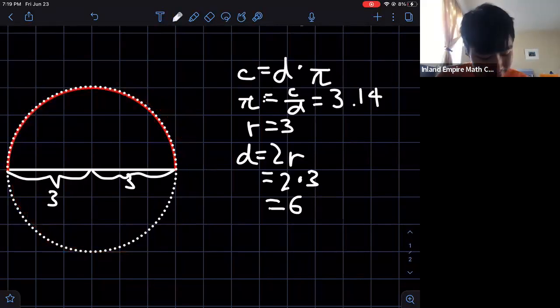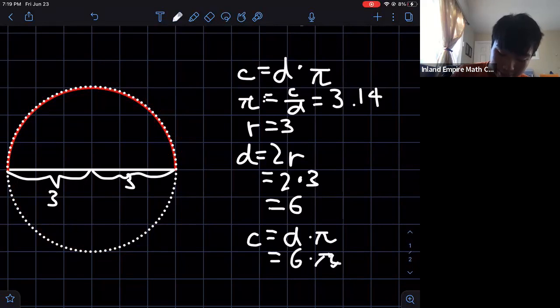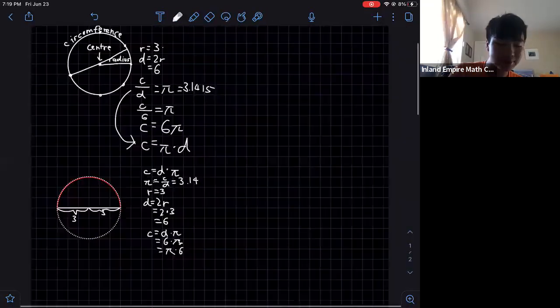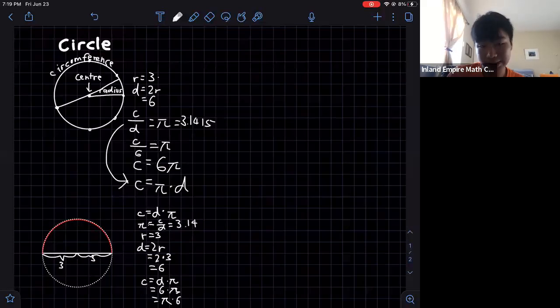If we take that number, we know that c is equal to d times pi, which is equal to 6 times pi, or 6 pi, which is the same circle that we found here. Where the radius is 3, the diameter is 2r, where the diameter is 6.